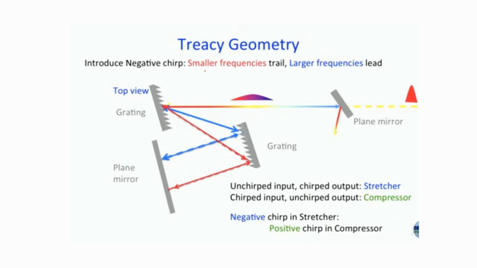So in the Treacy geometry, here we have a picture of what Treacy geometry is. See, earlier we had seen what happens when we introduce a grating. Say this is the incident light, which is shown by these dotted lines. It goes straight through this grating.